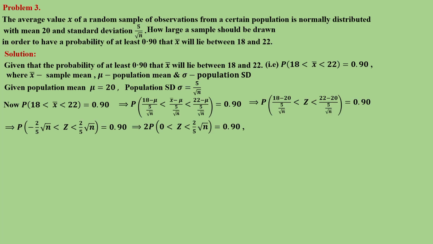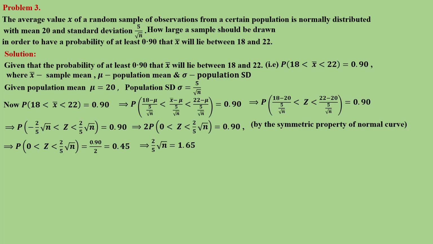So the area between minus 2 root n by 5 and 0 is the area between 0 and 2 root n by 5. Therefore we have 2 times the probability of 0 less than z less than 2 root n by 5 equal to 0.90. So the probability of 0 less than z less than 2 root n by 5 equals 0.90 by 2, that is 0.45.